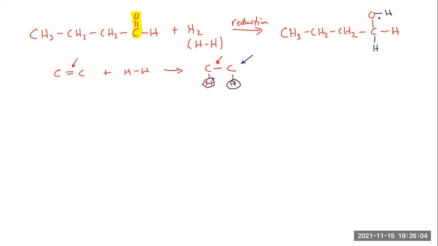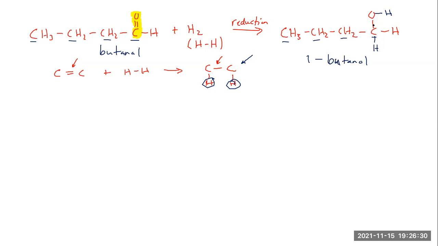We add a hydrogen to the oxygen, a hydrogen to the carbon, and voila, we have now gone from 1, 2, 3, 4 carbons to 1, 2, 3, 4 carbons, butanol. That's an alcohol, butanol, and actually 1-butanol, which is a primary alcohol.